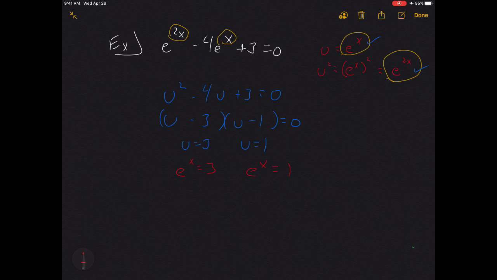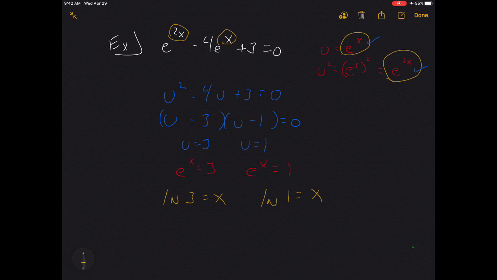We're going to change them into logs, and because the base is e, we're going to change them into natural logs. So the left side is going to become the natural log of 3, because that's what the right side is, has to equal the exponent, which is x. Okay, so I've solved the left one. Same idea on the right. It's the natural log, the base is e, I don't write that, of 1 has to equal the exponent, which is x. So I've now solved the one on the right hand side.